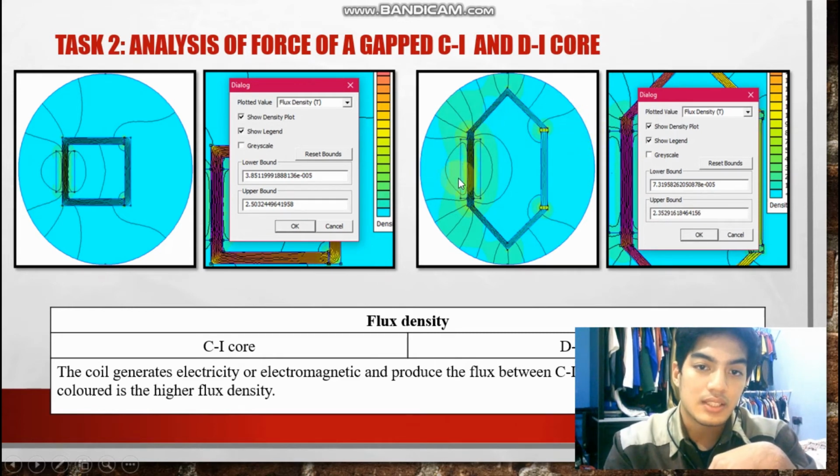The darker color shows the higher flux density. Comparing the two shapes, the CI core is higher than the DI core, which is 2.50 for the CI core and 2.3529 for the DI core.